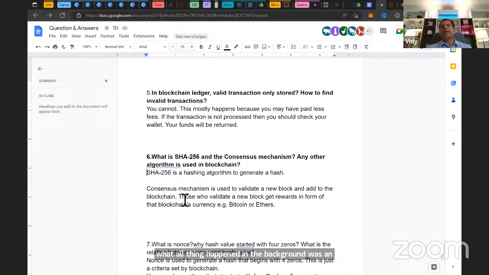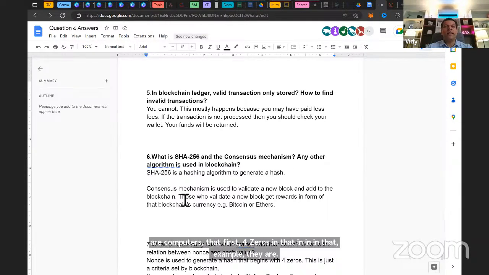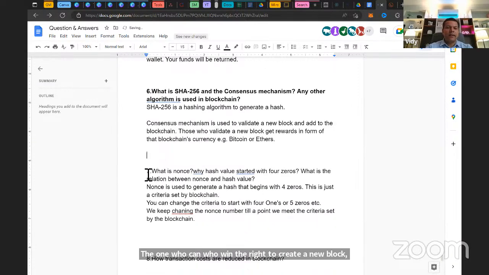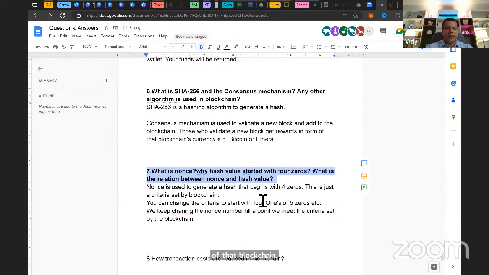Because the miner in a blockchain has to collect all the different transactions and follow a way to agree upon the content of the block, and the one who computes that first, 4 zeros in that example, wins the right to create a new block, and for that they are paid in the local currency of that blockchain. It could be Ether, it could be Bitcoin.